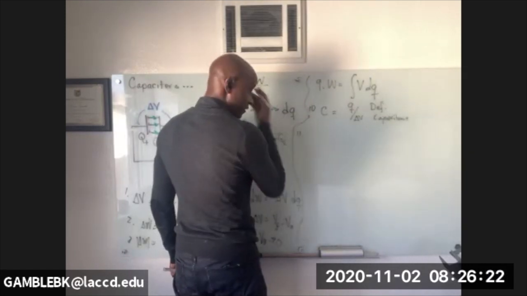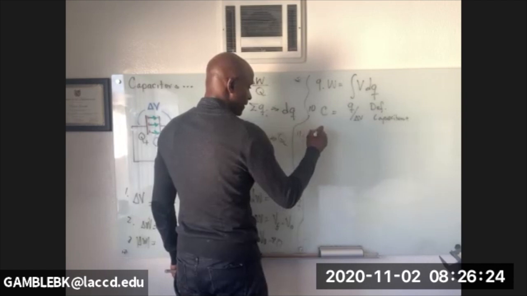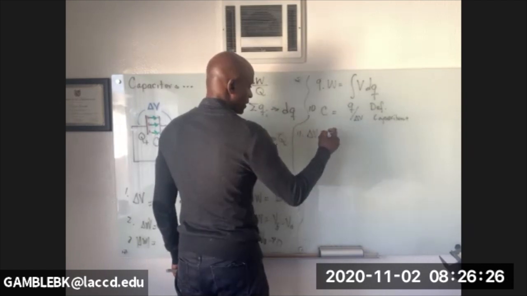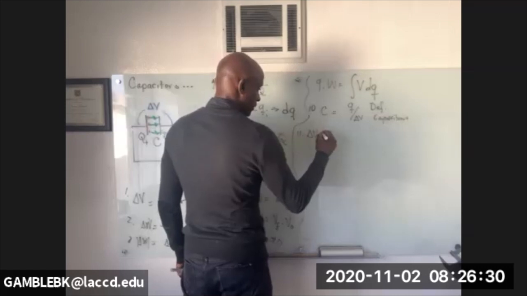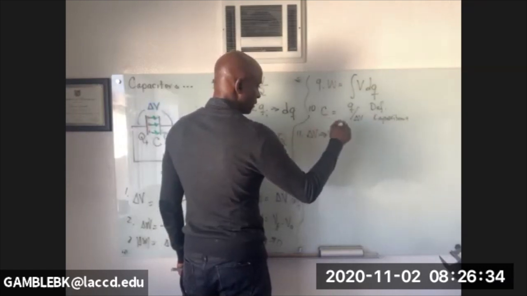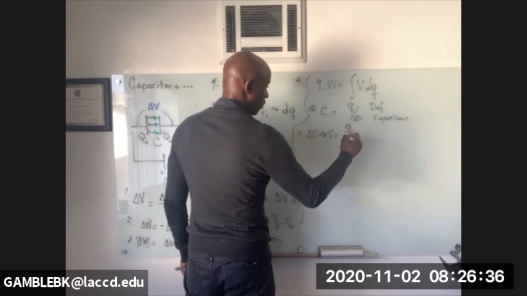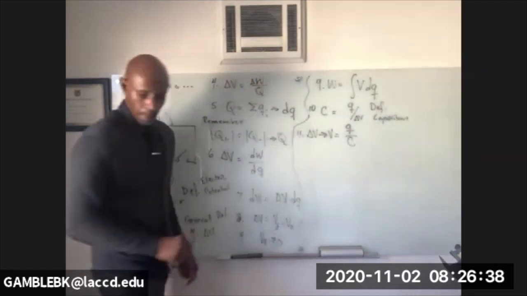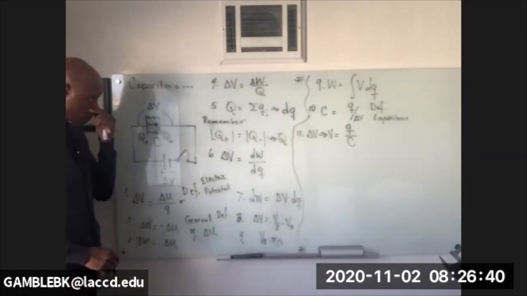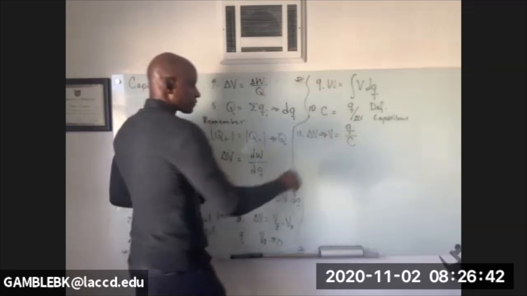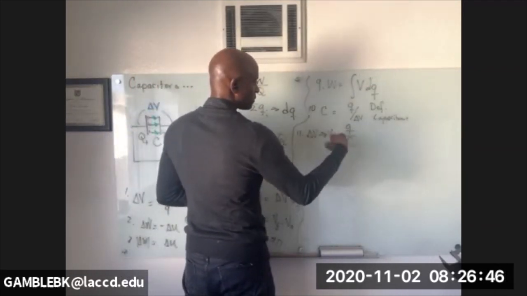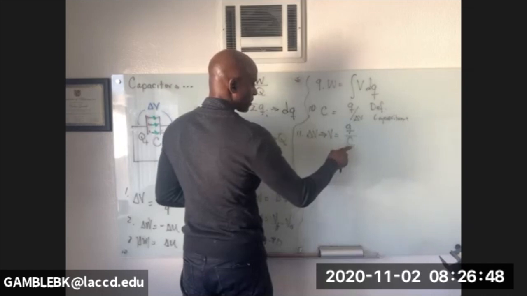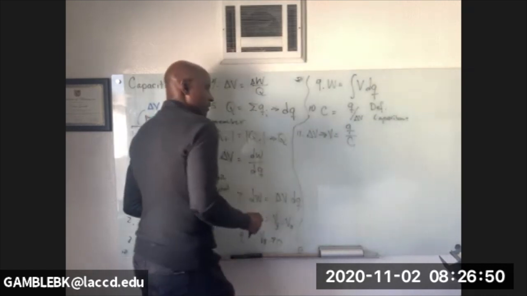we can solve this for delta V. Assuming V naught is 0, V is equal to Q over the capacitance. Now the Q is changing, and the capacitance is a constant.